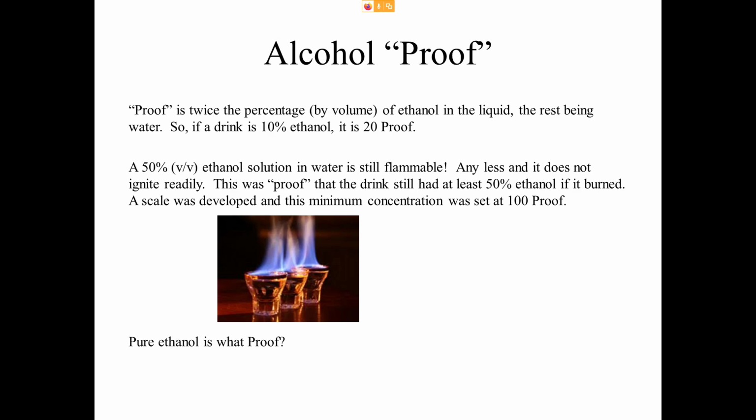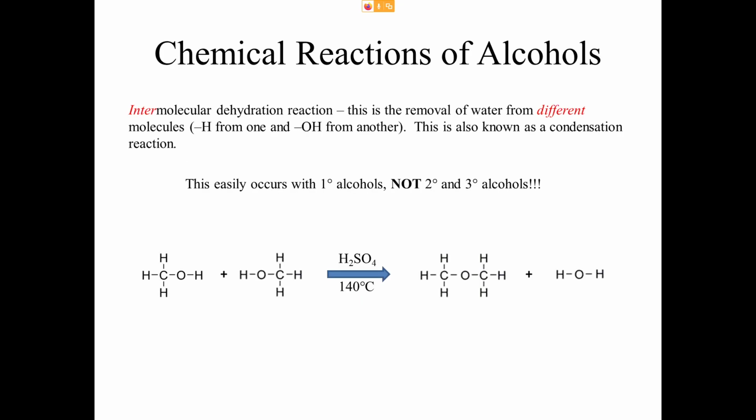That's our scale. It's kind of a silly scale because it doesn't mean more than the percentage, it's just double the number. So if you buy something that says it's an 80 proof whiskey, just divide it by 2, that means it's 40% ethanol. Or if you're buying a 160 proof spirit, it's just 80% ethanol. That's all that means. You just divide the number by 2.